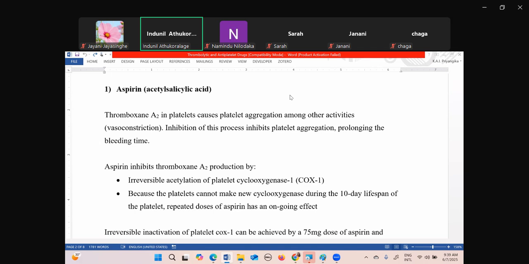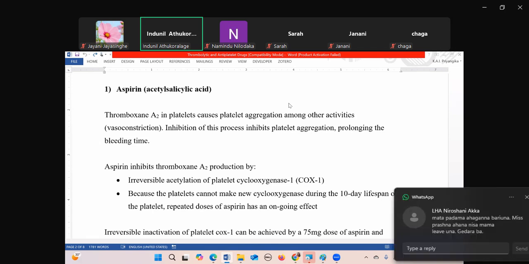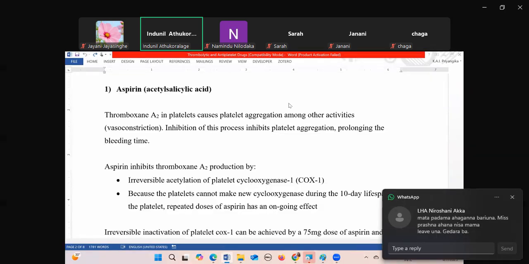Okay. So acetylsalicylic acid or aspirin is generally an analgesic drug, which means a drug that we use for reducing pain, a painkiller, right? For the analgesic effect, we use 300 milligrams of aspirin.